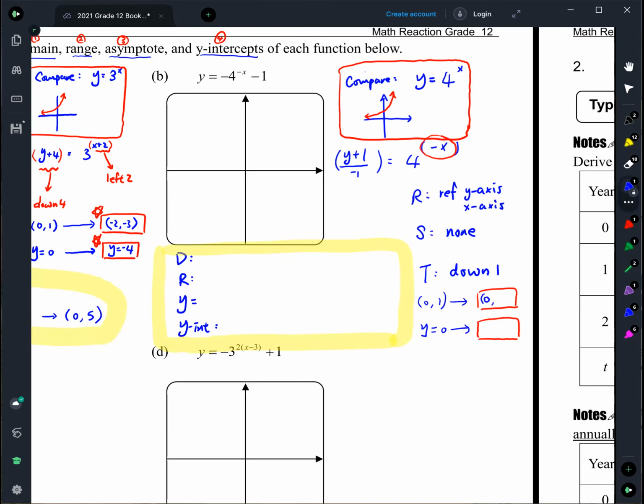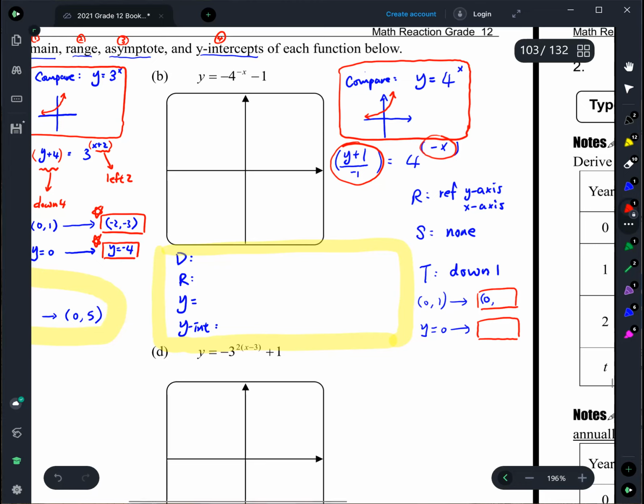Okay, now if you look at the y side, this part, it has a -1, right? That means it's reflected over the x-axis. So all the y value need to times by negative. So 1 times negative give you -1. And then move it down, right? Because y plus 1 means you move down 1.